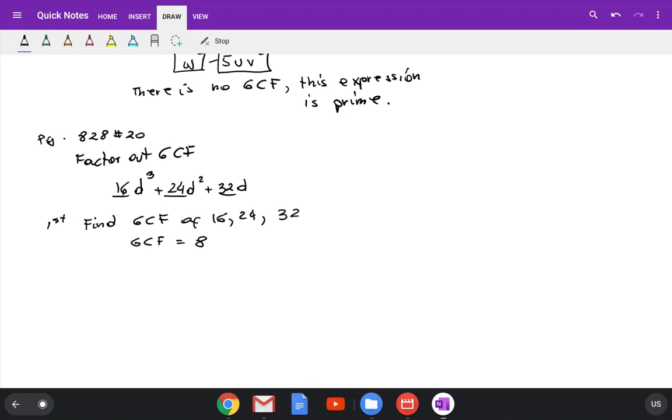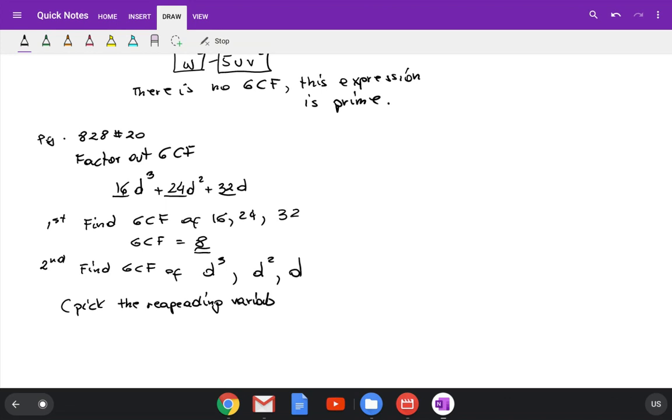So we have it. Now, second, find the greatest common factor of the variables: d to the third power, d squared, and d. When you have variables, you pick the repeating variable to the lowest exponent.